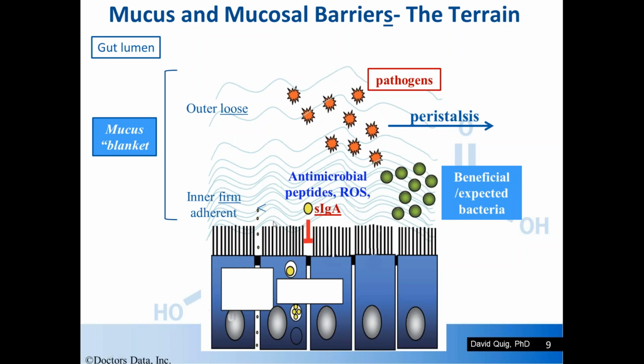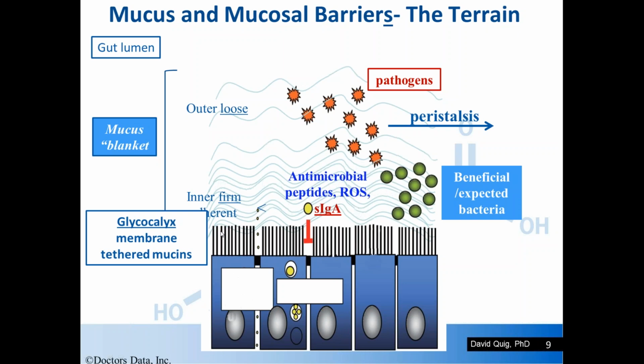Interestingly, within this inner firm, more dense mucus blanket, we actually have a pH gradient that gets lower as we get near the surface of the endothelial cells. And as we all know, a lower pH is disfavorable for the growth of pathogenic yeast species such as Candida albicans.